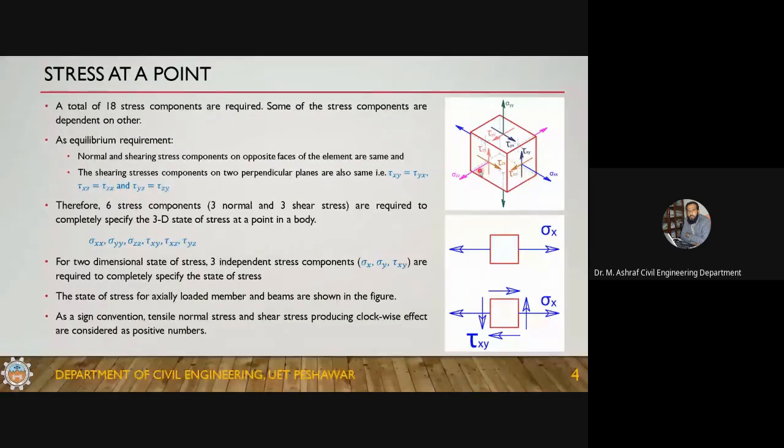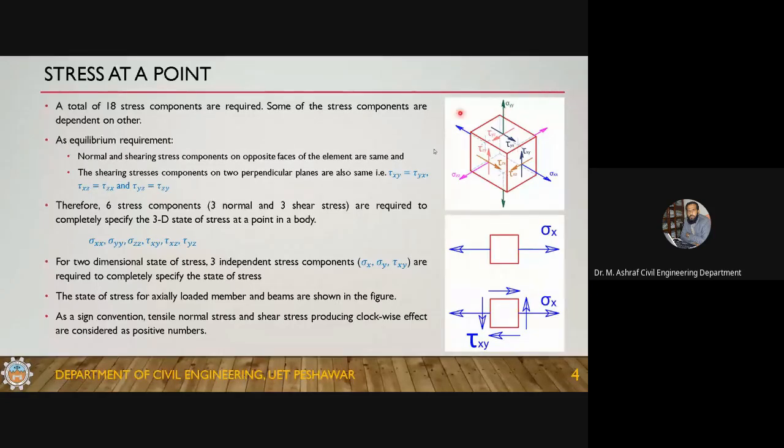Using these two basic equilibrium requirements, you can reduce the normal components. If you think about the 18 components, 6 are normal and the remaining 12 are shear.